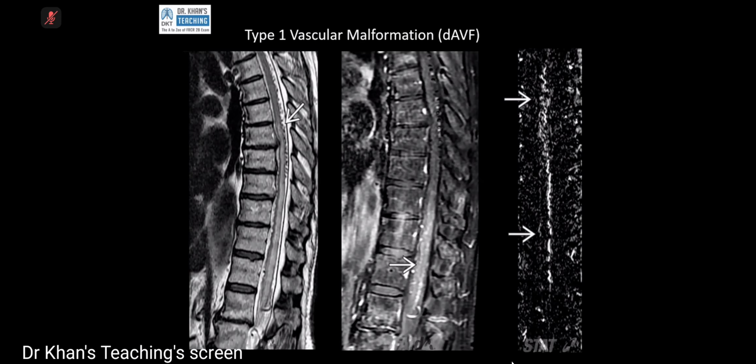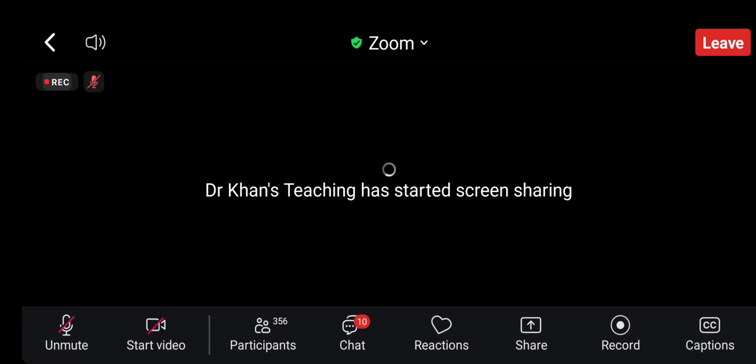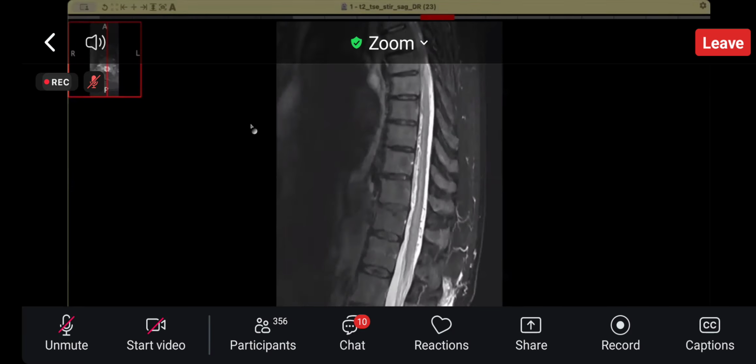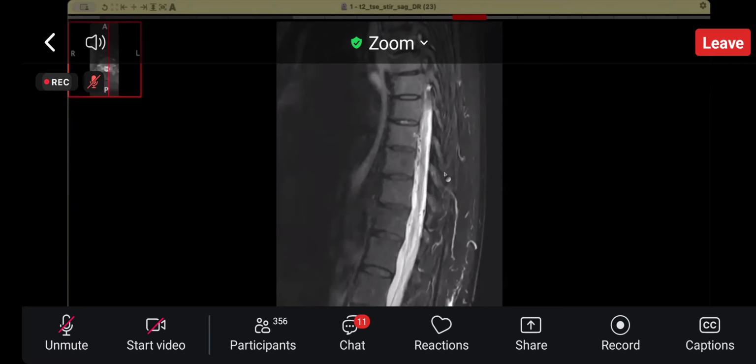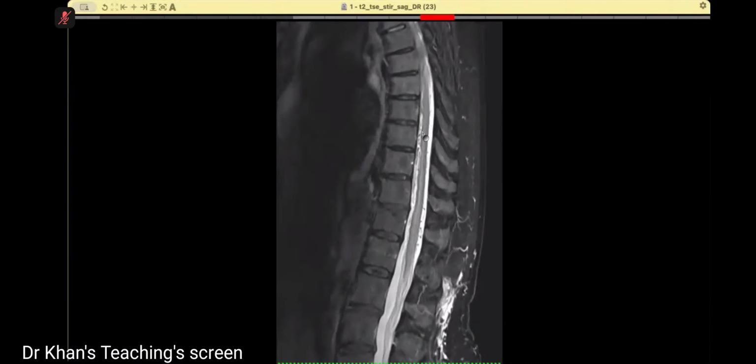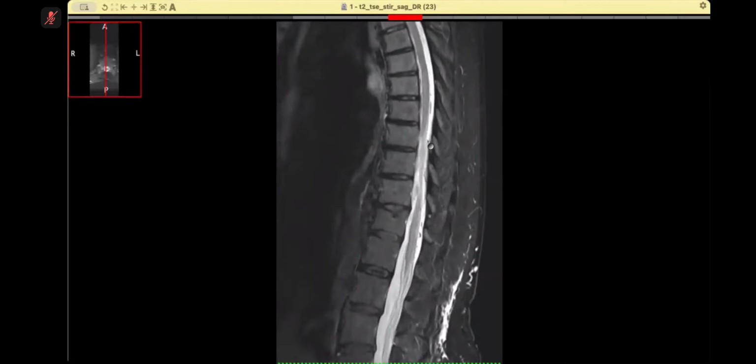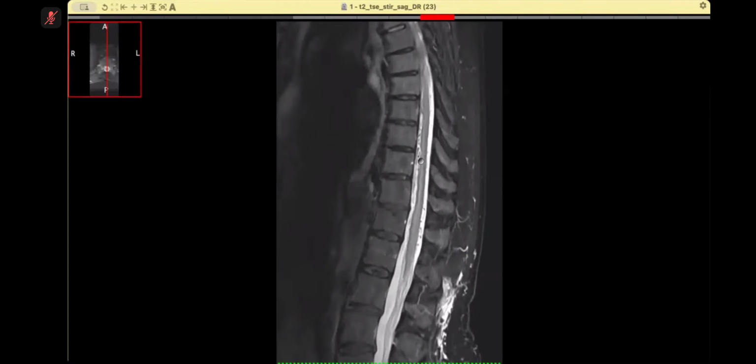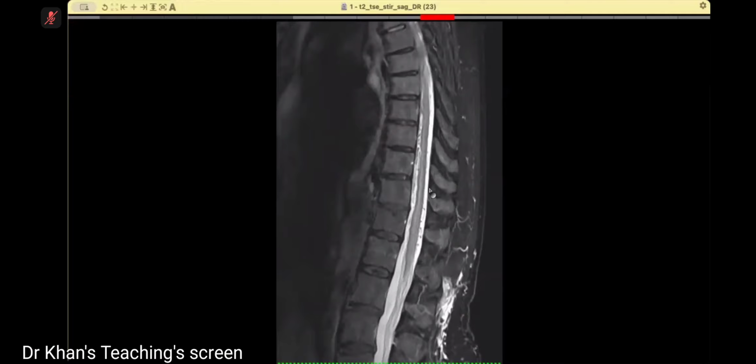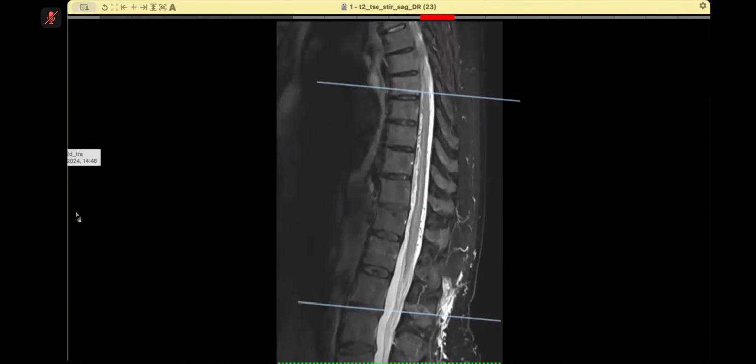Now, let's go through the findings on the case. So, these findings were well picked up. We can see these flow voids anteriorly because they are sitting on the pial surface of the cord. And you can see that the signal intensity is also high.